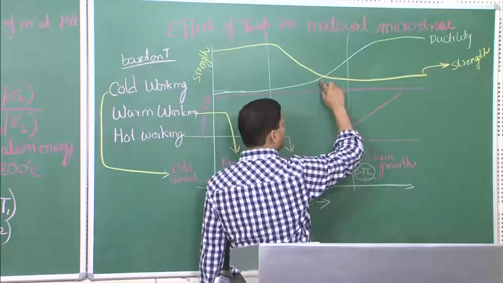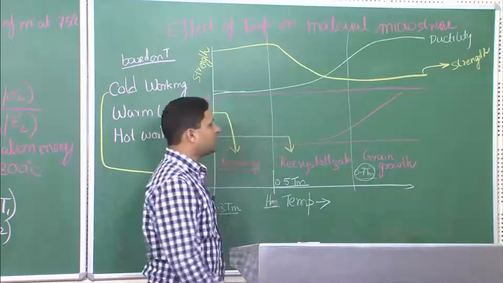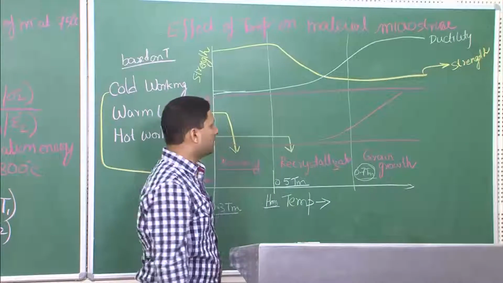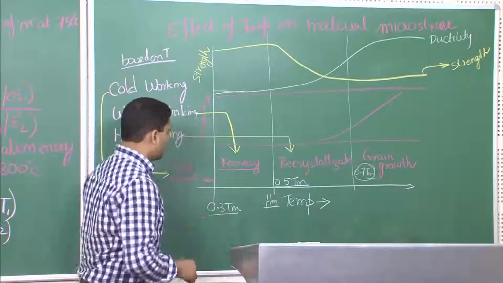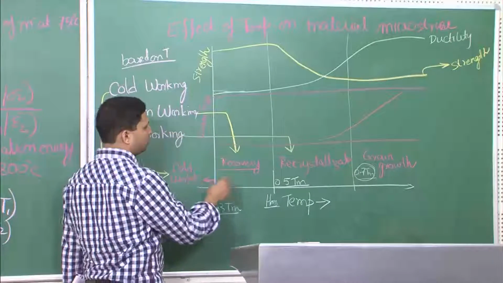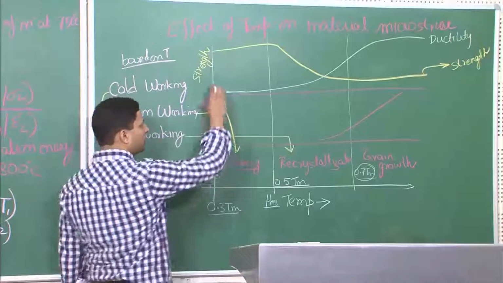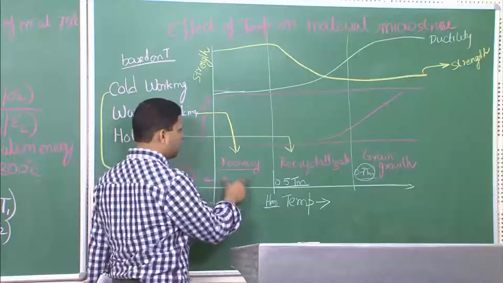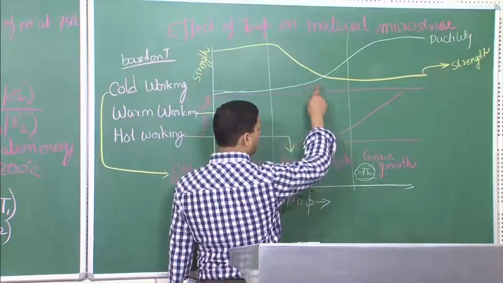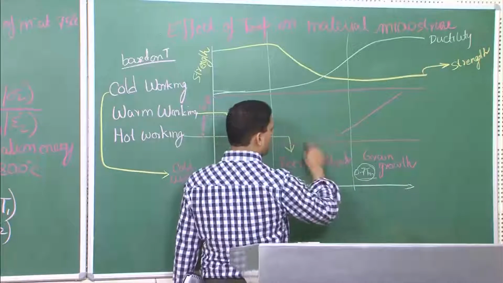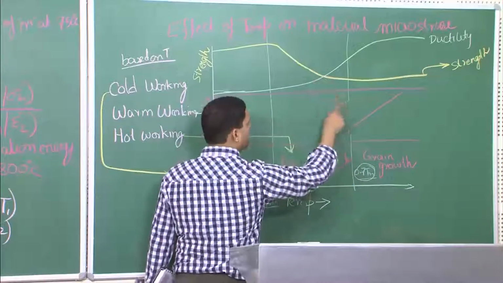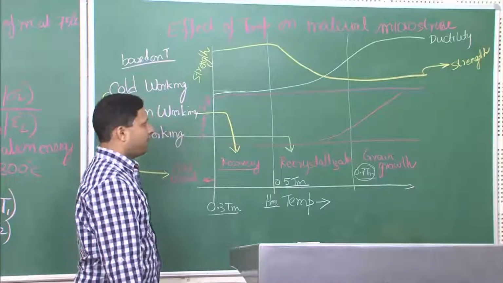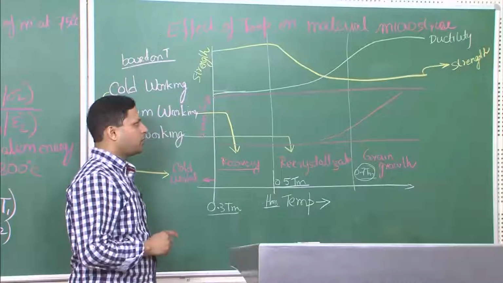So, your ductility starts to increase again in the recrystallization zone, and it regains complete ductility in the grain growth zone. What is important here is that in the cold work zone and in the recovery zone, you do not see any change in grain size, strength or ductility. You see the changes in strength and ductility only in the recrystallization zone. So, grain size starts to increase here, strength starts to decrease, and ductility starts to increase. These are some of the important parameters.